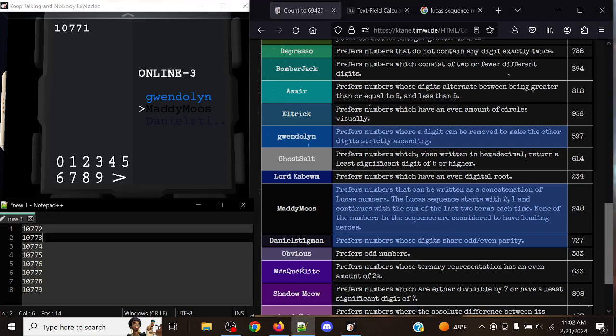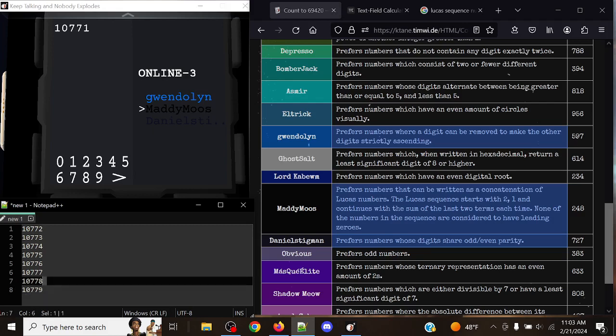So now, Gwendolyn prefers numbers where a digit can be removed to make the other digits strictly ascending. In this case, if we were to remove the 0, that might work, but this 2 messes with everything. So it's likely we're going to be removing the 0, and then we're going to make it ascending. So in this case, the first example I think where Gwendolyn would work is for this bit here.